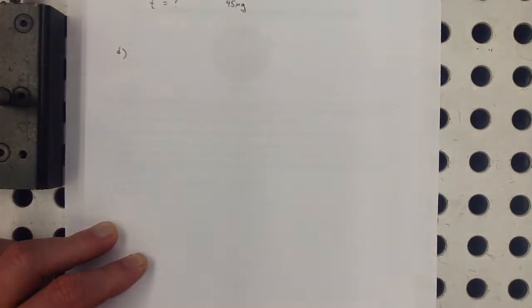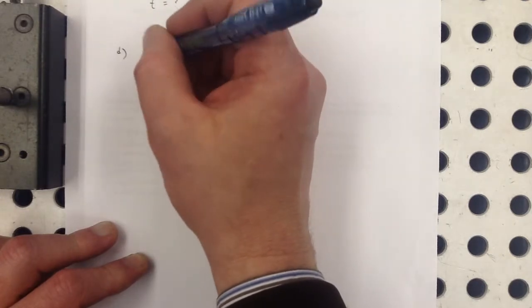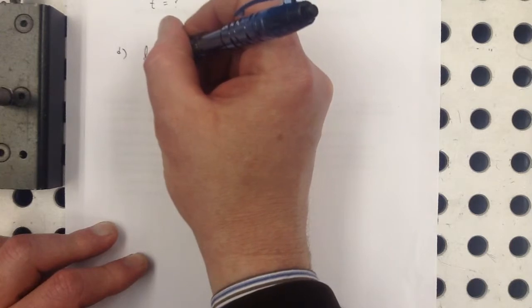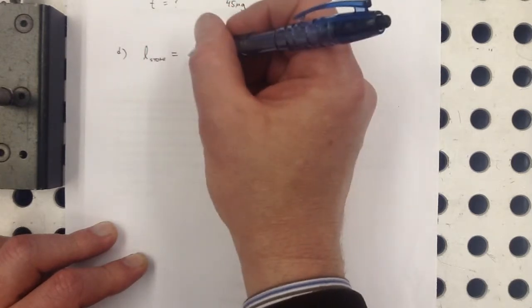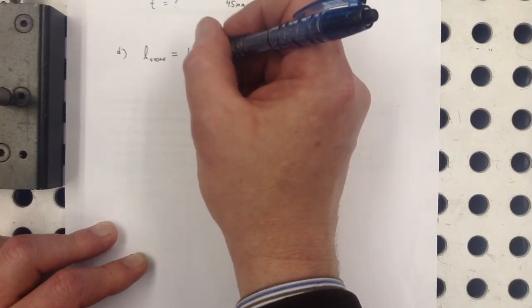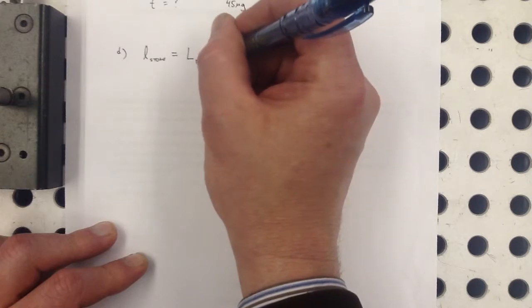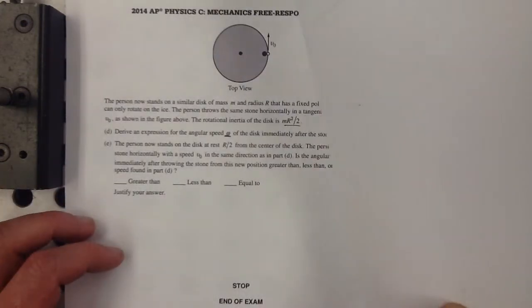All right. So this is another momentum problem, but this is conservation of angular momentum. So we have the angular momentum of the stone, which is like a particle, is going to be equal to the angular momentum of the disk plus the person afterwards, right?